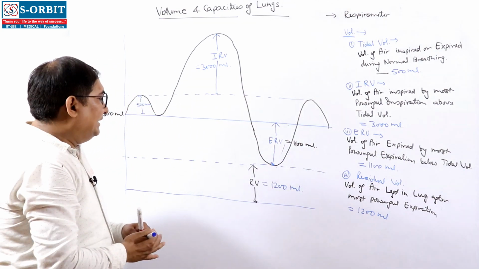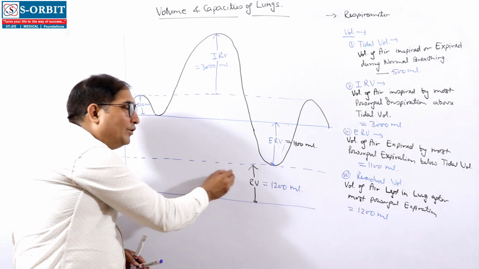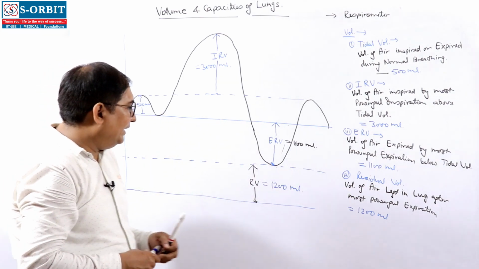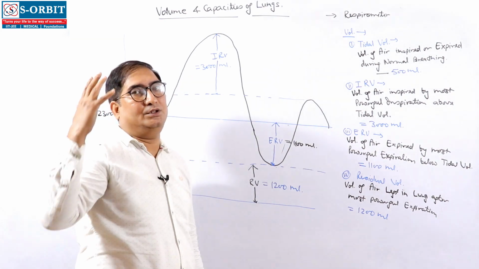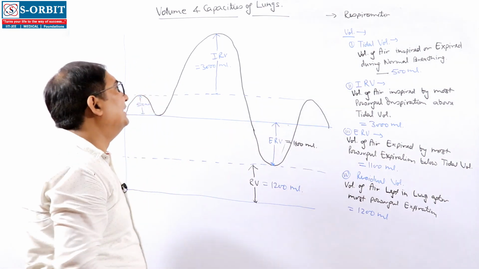So the residual volume is the volume of air that can never be breathed out. इसे निकाला नहीं जा सकता.